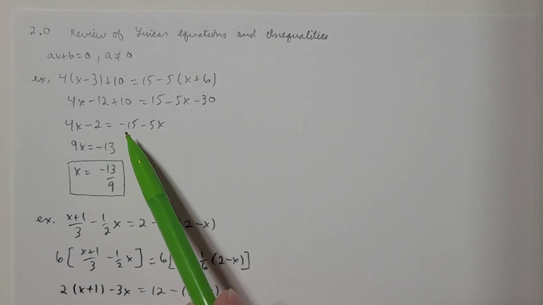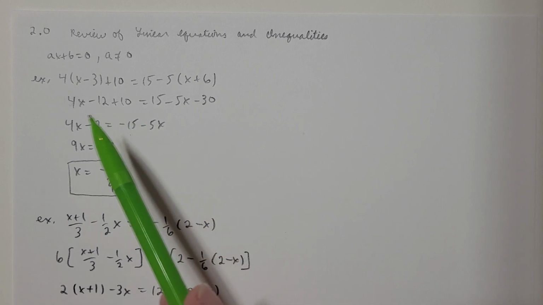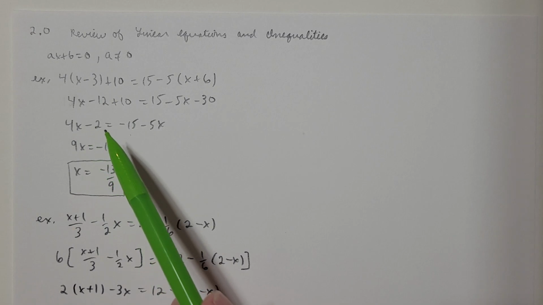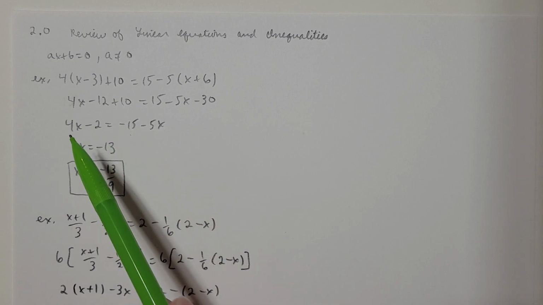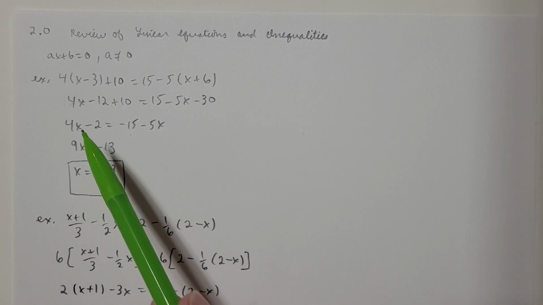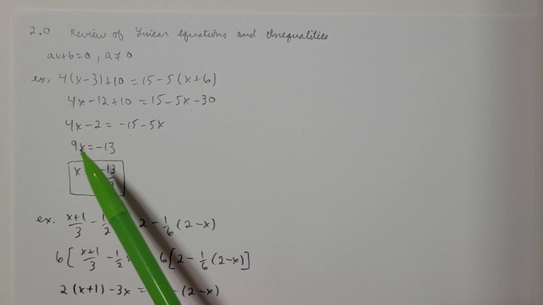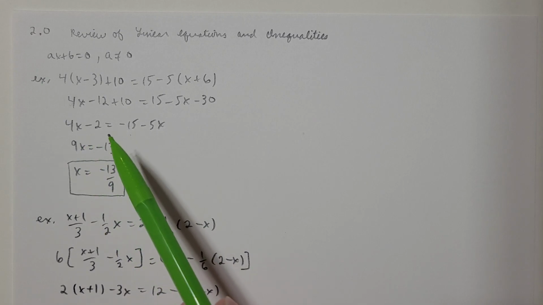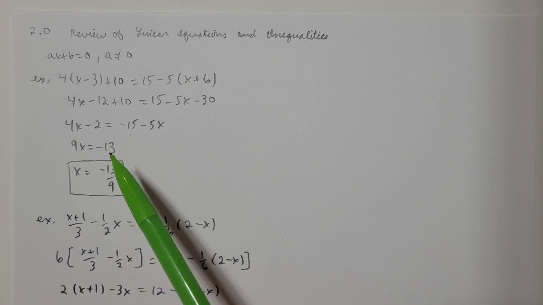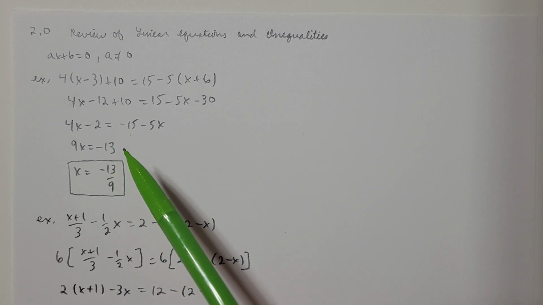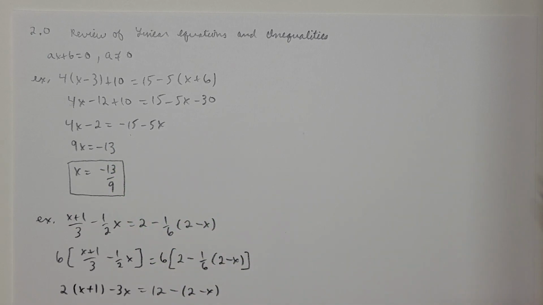So here's where I'm at so far. And let's go ahead and add 5x to both sides and add 2 to both sides. 4x plus 5x is 9x, and negative 15 plus 2 is negative 13. Divide by 9, so x would be negative 13 ninths. That's the answer. Okay.